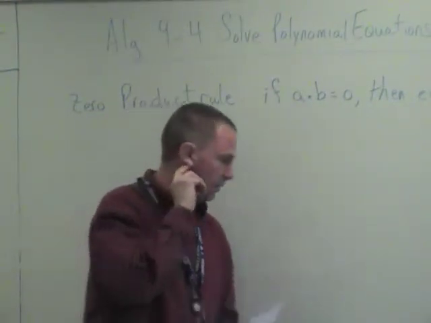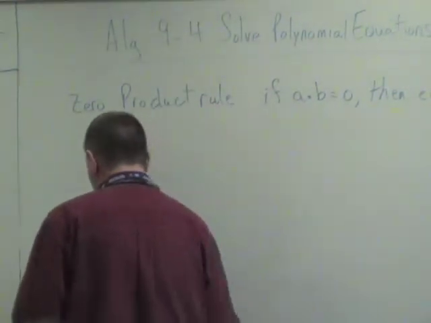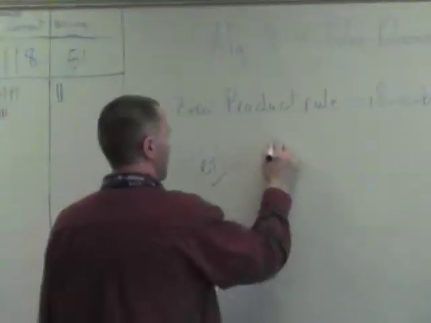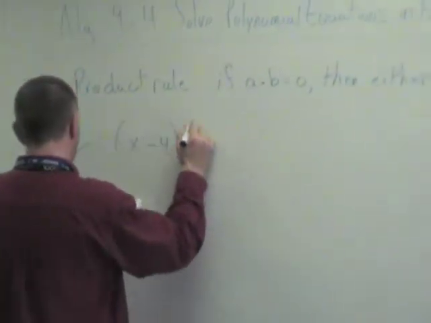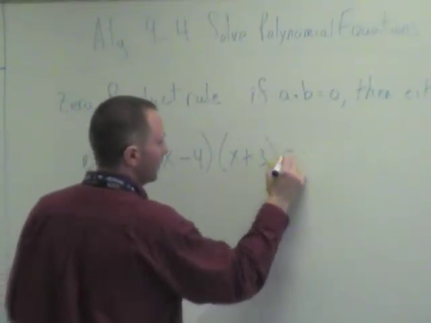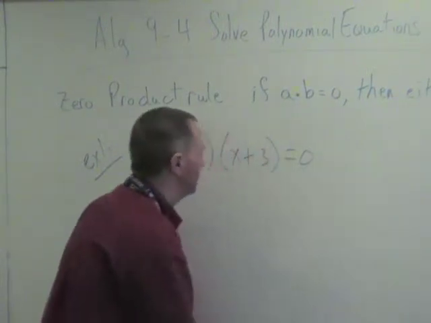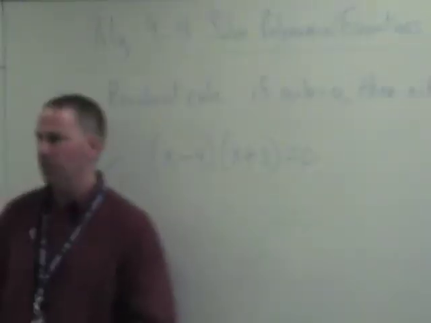So let's take a look at what one will look like here. Example 1. Two binomials, x minus 4 and x plus 3 equals 0.